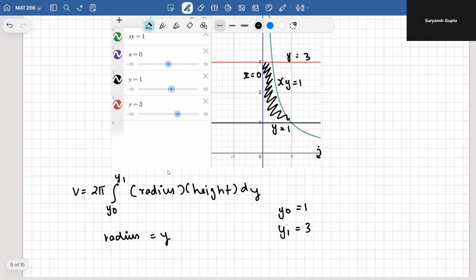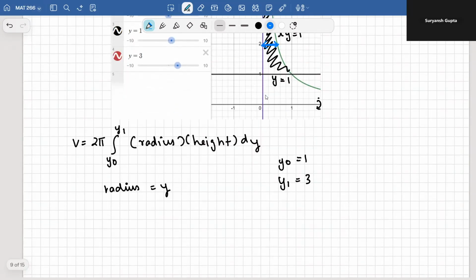Now, since I'm looking at it in terms of the y-axis, my height of the function is actually this. And the way you would find this is by doing the function on the right minus the function on the left. So height is equal to function on out minus the function on in.